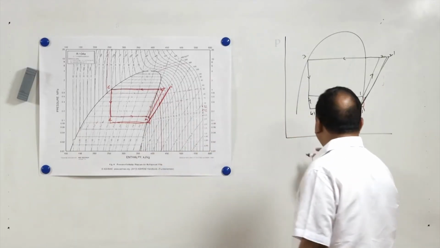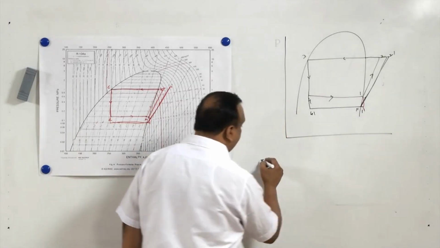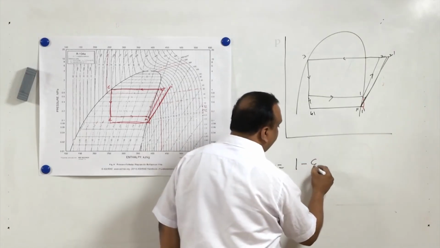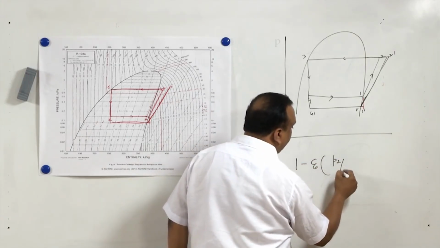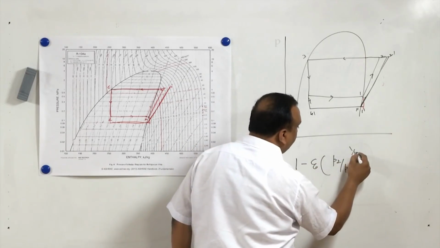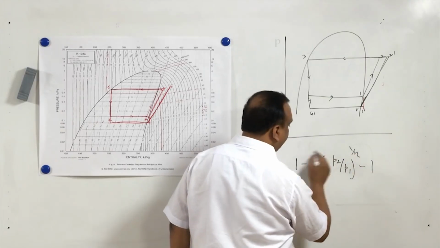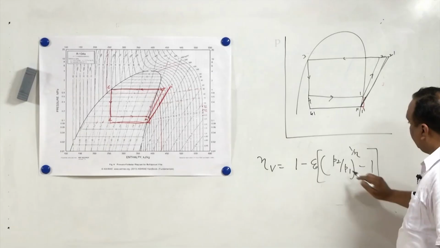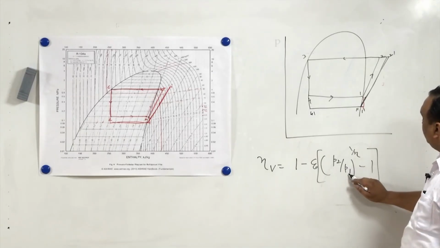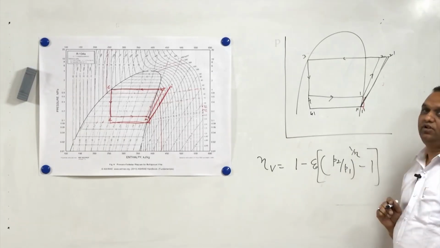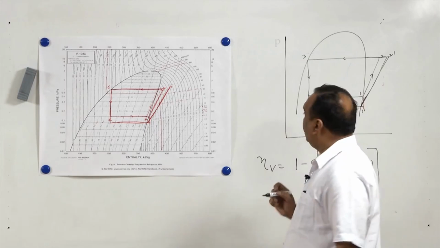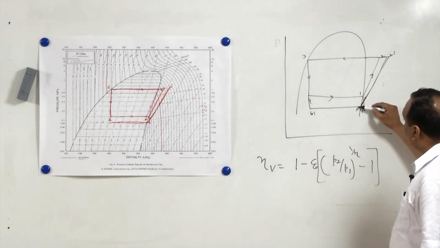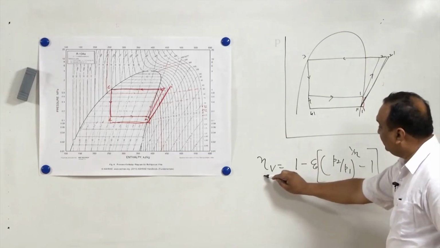And further, if you look at the expression of volumetric efficiency of the cycle, that is 1 minus epsilon (P2 by P1) raised to power 1 by n minus 1. Now, if you look at this expression, if we increase the pressure ratio, the volumetric efficiency will also reduce. So, in this case, if we reduce the evaporator pressure, the volumetric efficiency will reduce.